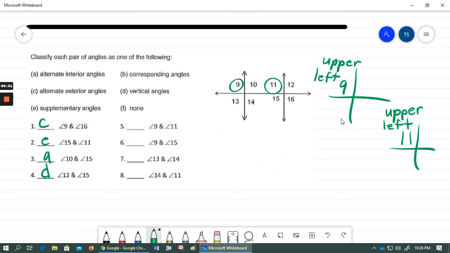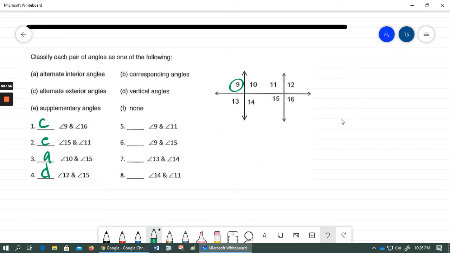Angle 9 and angle 11 are both in an upper left matching position. So they're corresponding angles. I'm getting rid of all of that in the diagram.